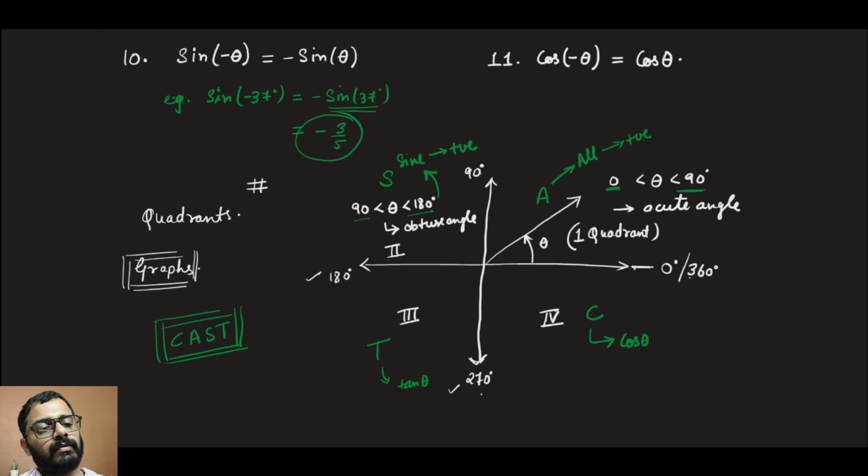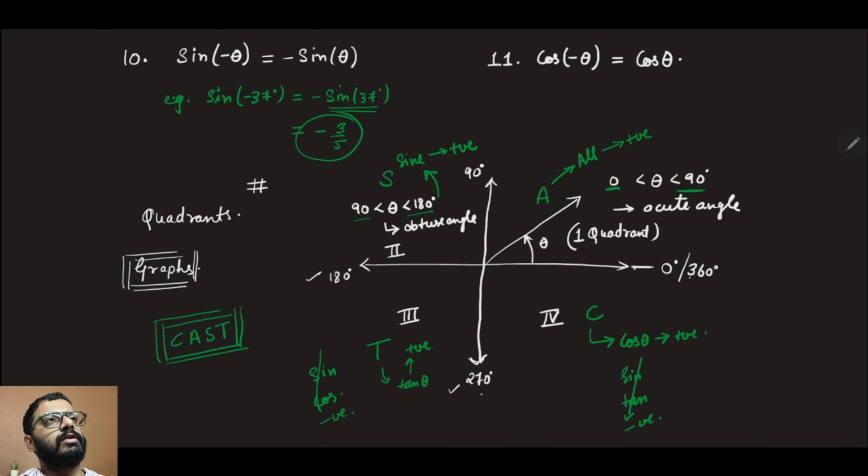Now, third quadrant, if you're coming here, only tan will give you positive, sine and cos will give you negative here. In the fourth quadrant, we can guess now. Cos will give you positive value, others, sine and tan, will give you negative value.